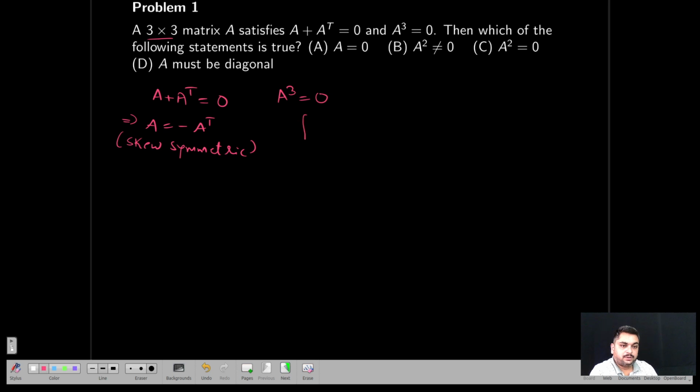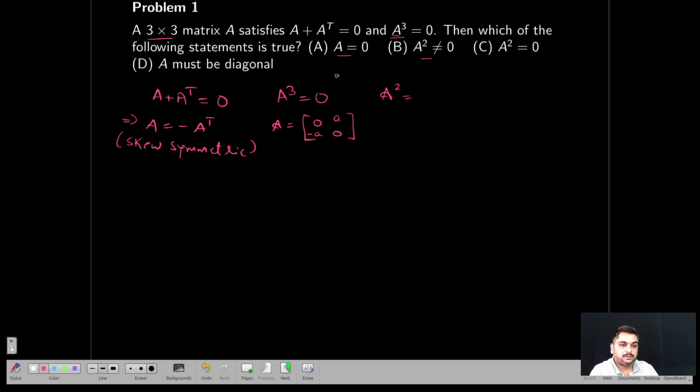Skew symmetric means diagonal elements are 0. So let us say this is minus A and this is A. Now let A equal to this matrix. Let's find A square, because to check A cube and then see which properties hold.